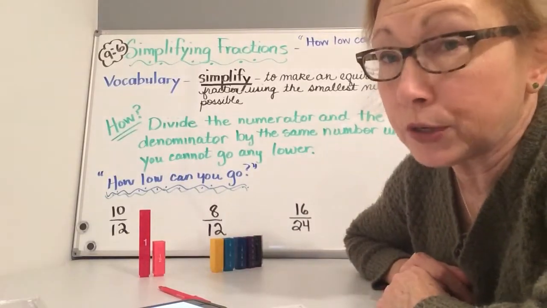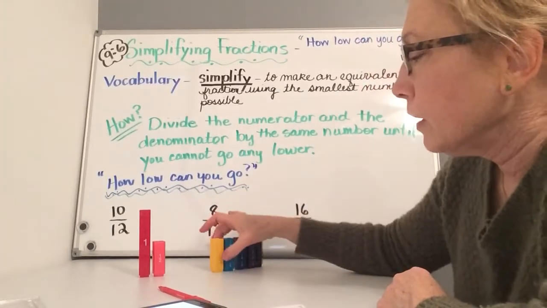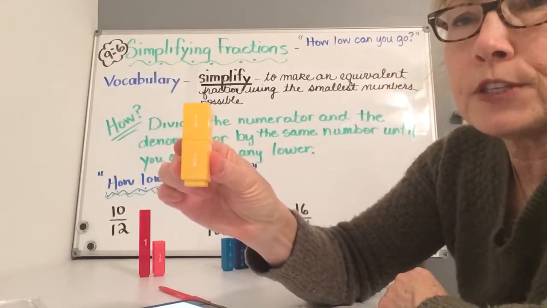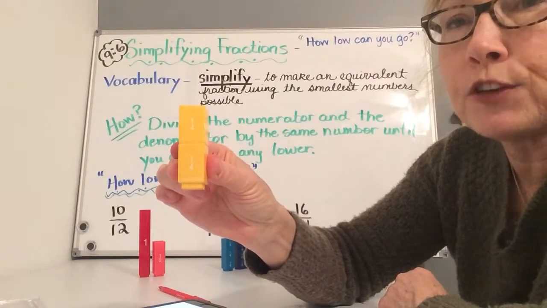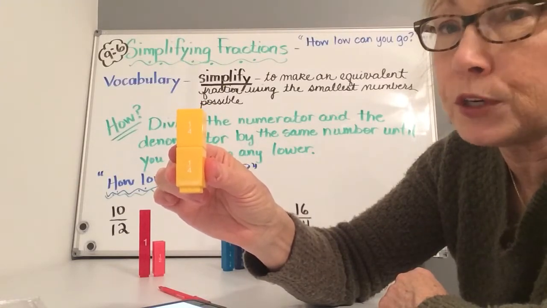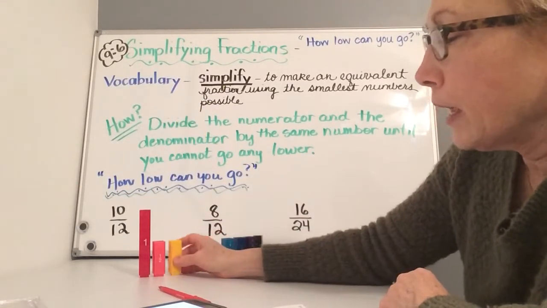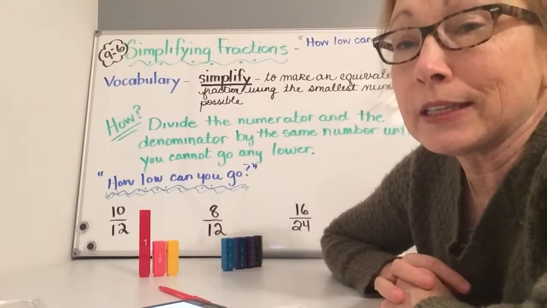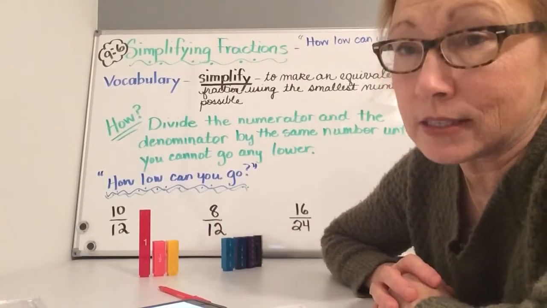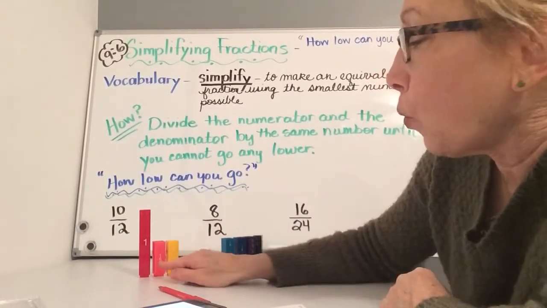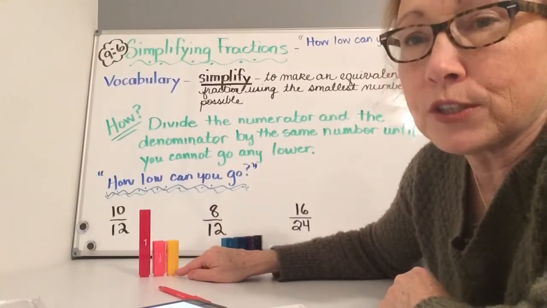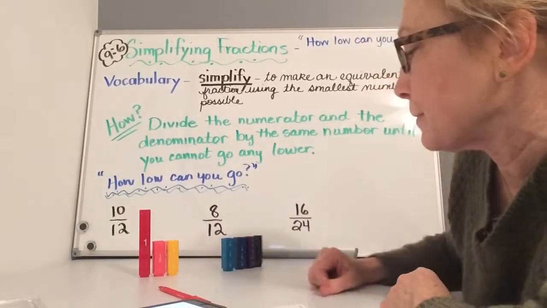That's what our denominator is telling us there. The next model that I have is fourths, and here I have 2 out of the 4/4 that would make the whole. And when we put it next to our half, we can see visually this is the same as a half. So 1/2 and 2/4 are equivalent fractions.